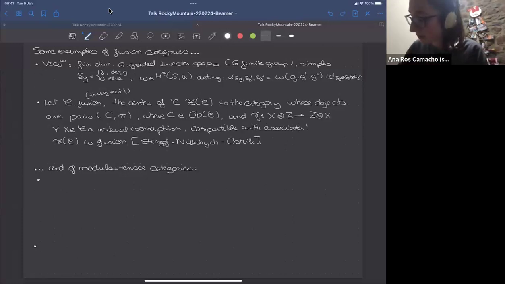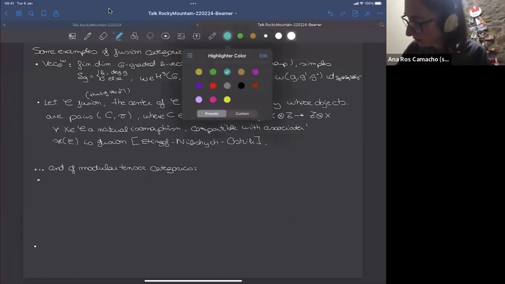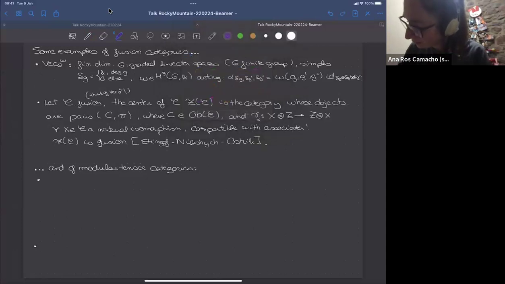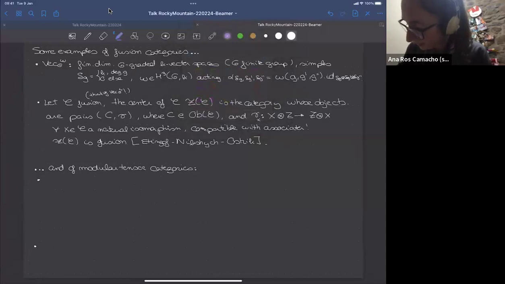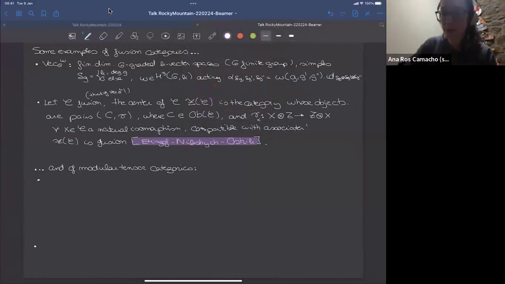Although, let me mention that there is some requirement on the base field to be algebraically closed and of characteristic 0. So roughly, with these two things, you have an idea of the category of Dijkgraaf-Witten, but I will go into more detail in a second.